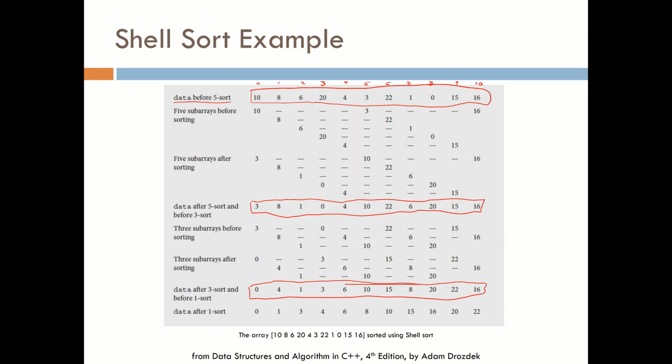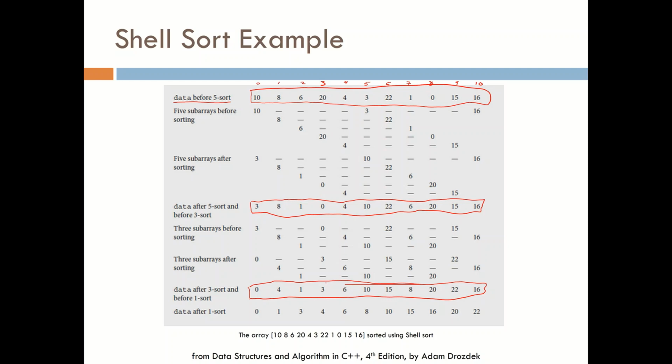So again, the benefit here is that we begin the process by moving items that are pretty far apart. We're going to move those to sort of the correct end. It's not total. As you notice, after the 3 sort, there's still some things that are in error here. But a lot of the elements are already in their correct place. The reason why we use insertion sort is that insertion sort is sensitive to the order in which the data finds itself initially, and can benefit us if that data is nearly sorted.